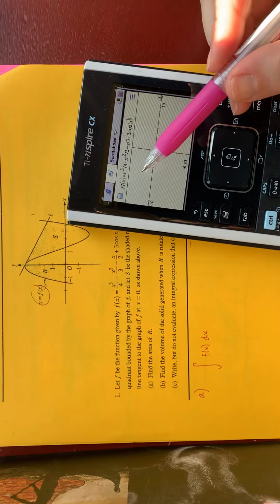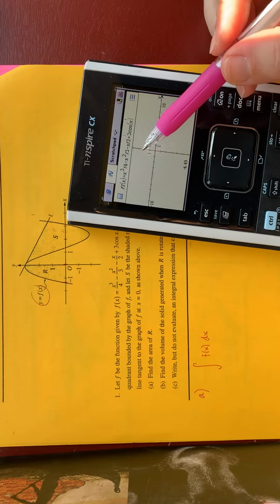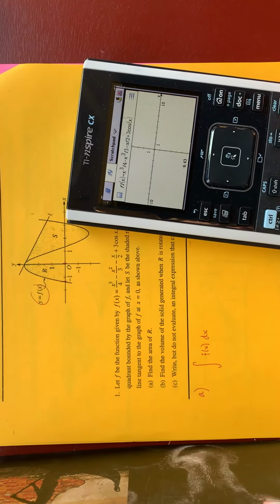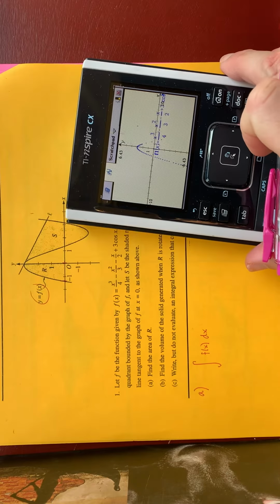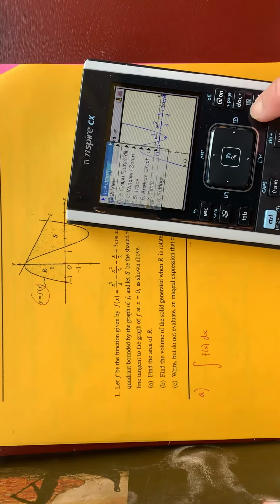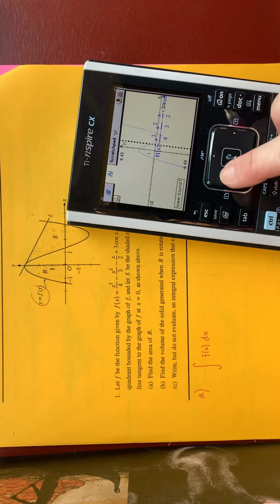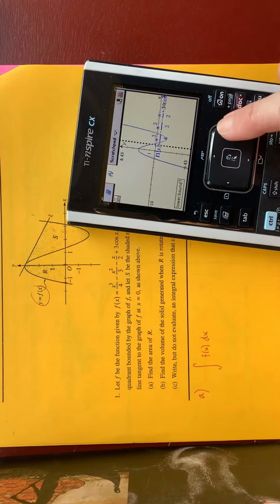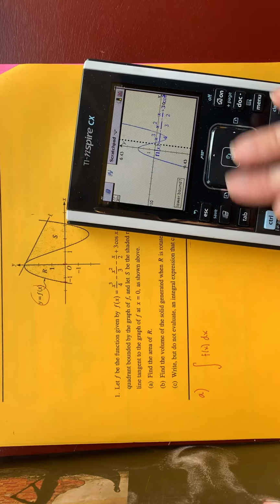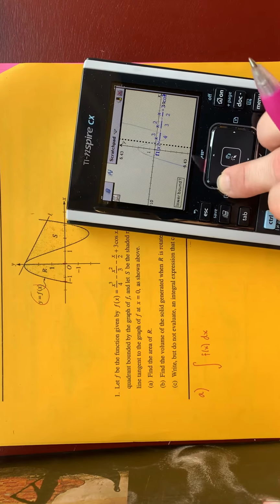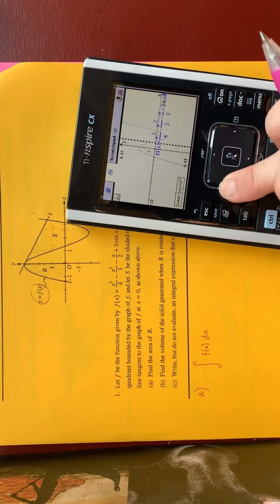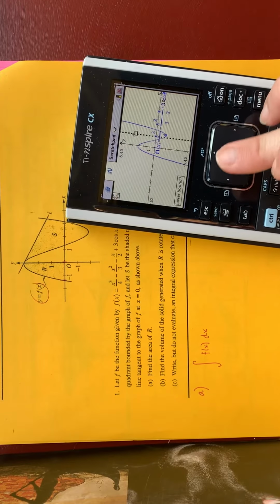Double check. Minus x squared over 3. Okay. Come on, dumb calculator, move. There we go.